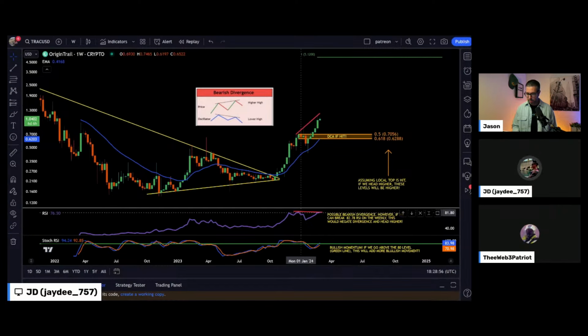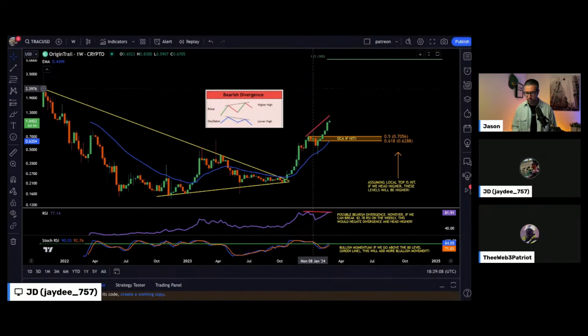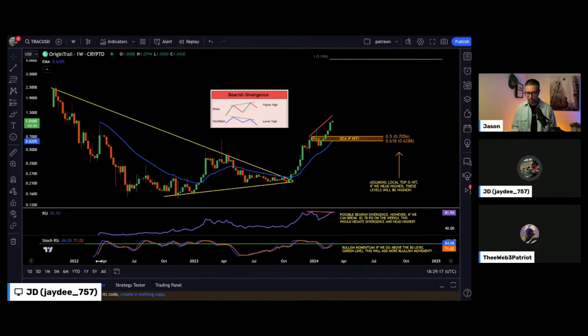If the RSI can have a weekly close above the 82, about 83 level, this will get negated, and then we'll probably head up to maybe close to two bucks. It's not a new token, but after we broke this triangle right here, you see that whales actually bought, right?